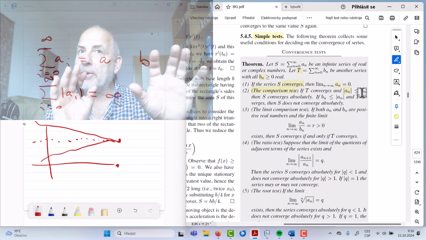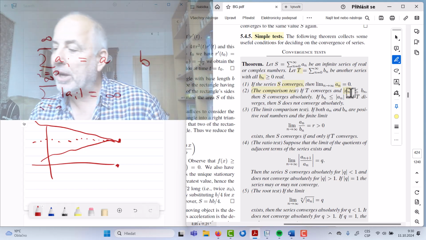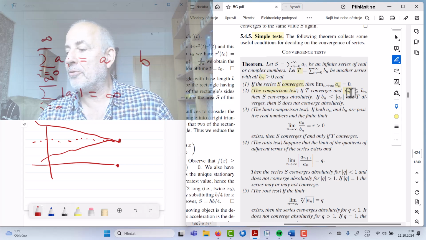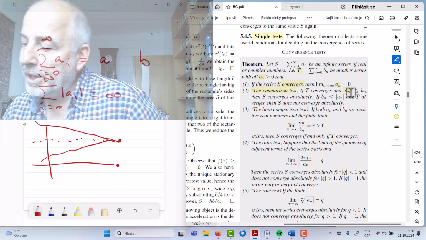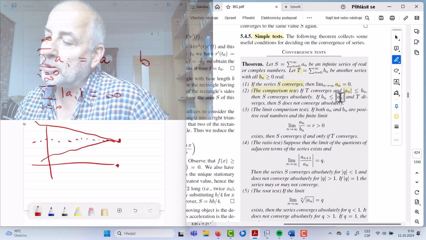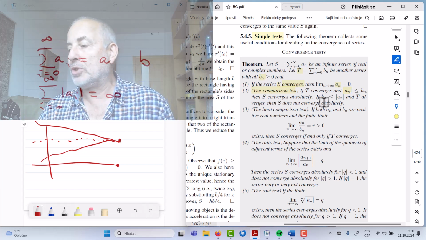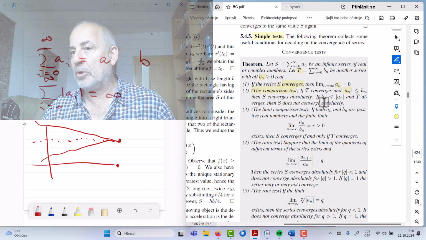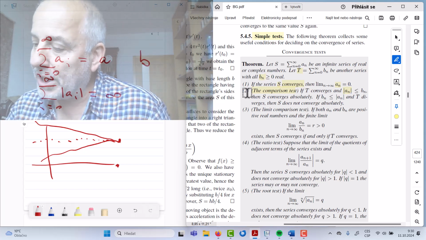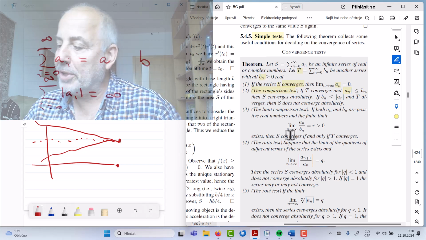So you can compare only individual terms, and it tells you that it converges absolutely. The other way around, if T diverges and the a_n's are in absolute value bigger than b_n, then S does not converge absolutely, right? So it might converge, but not absolutely. So that's the absolute basics. All the others come from this one.